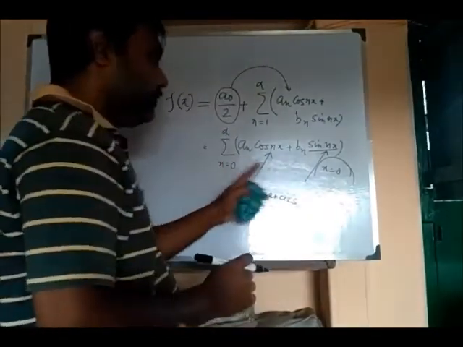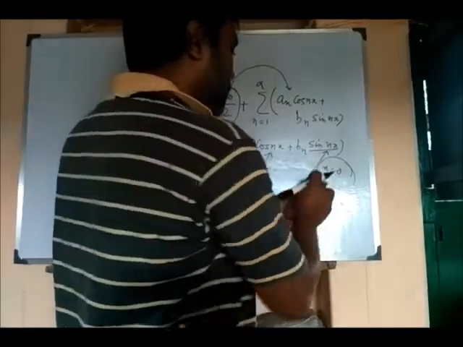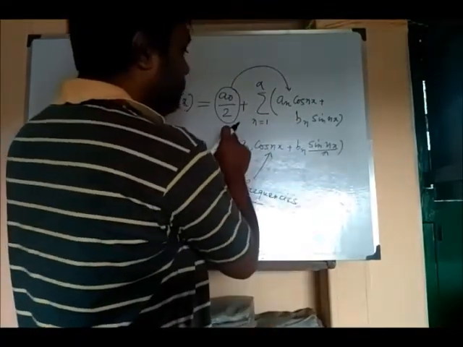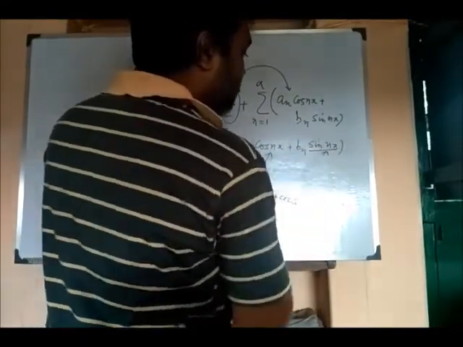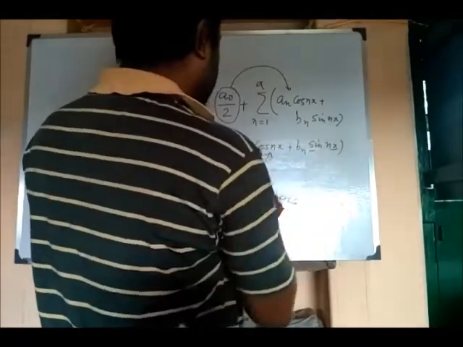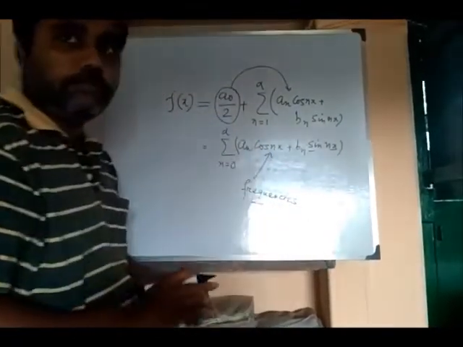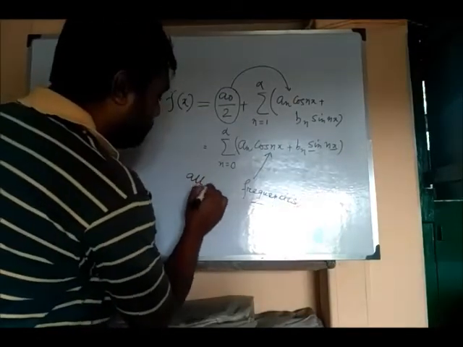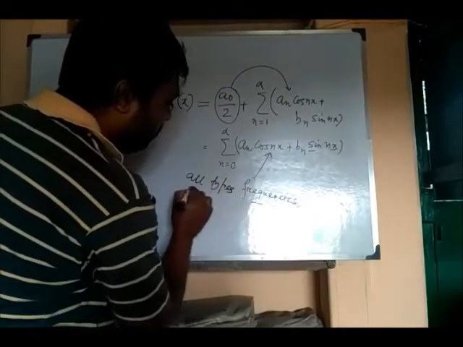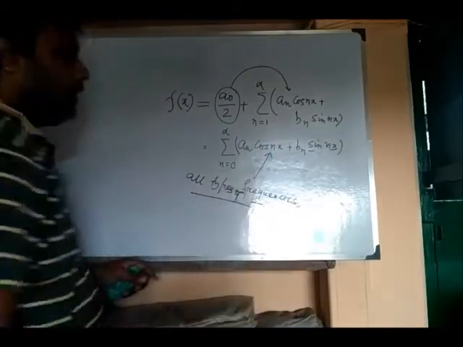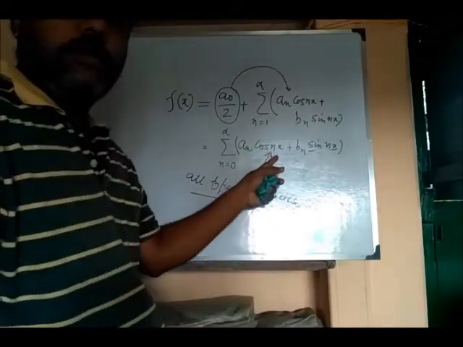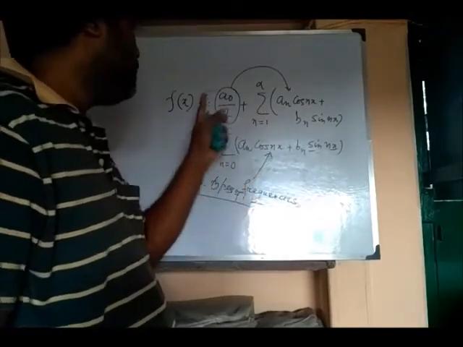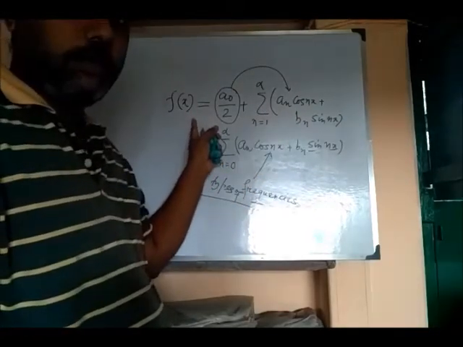So n equal to 0 you can combine here, but do not write this n equal to 0. So summation n equal to 0 to infinity of bn sin nx is also possible, but n equal to 0 gives me 0. Right? So if you choose all types of frequency and add them in a series form, you will get this periodic function ultimately.